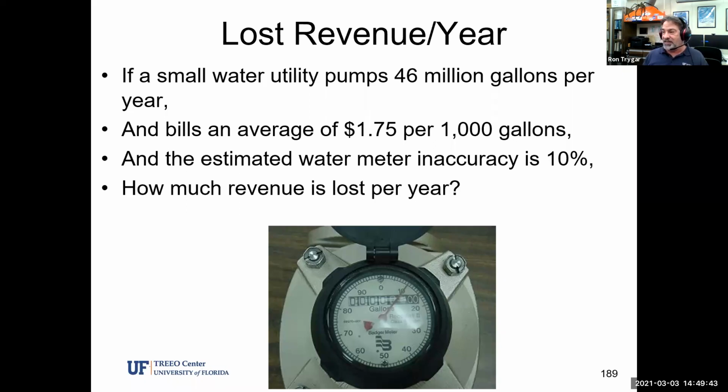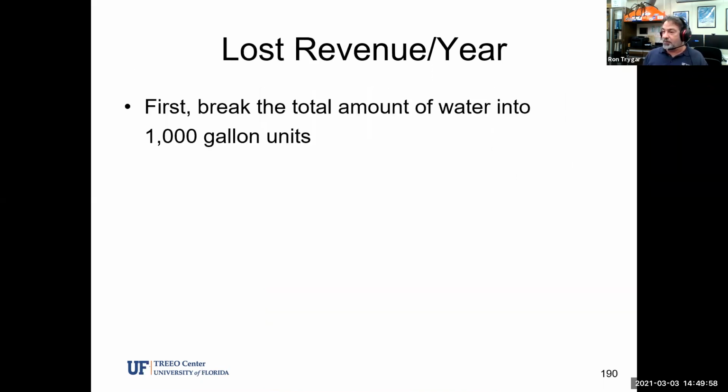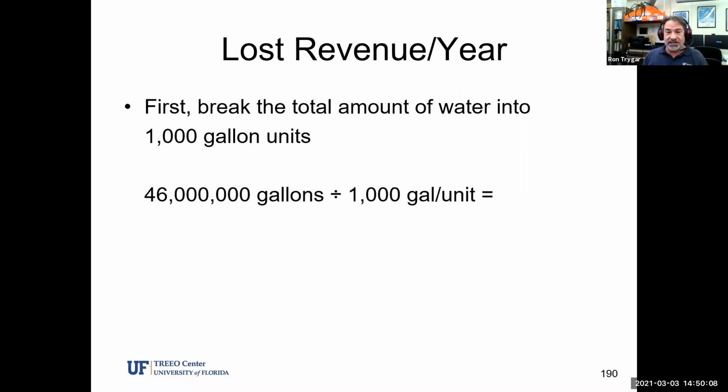So we can kind of figure this out. We know we have 46 million gallons, and we know that we're billing an average of $1.75 for each 1,000 gallons. And we know that the meter is inaccurate, on an average about 10%. We're losing money. So how do we do this? Well, first we've got to break the total amount of water into those 1,000 gallon units. So let's do that first. We took 46 million and broke it into gallons.